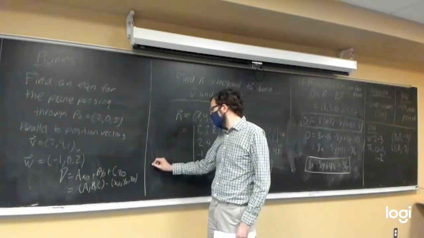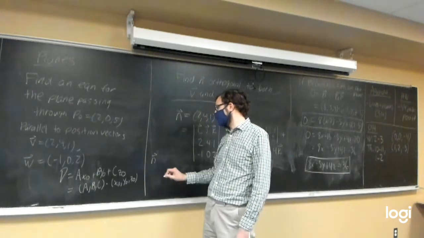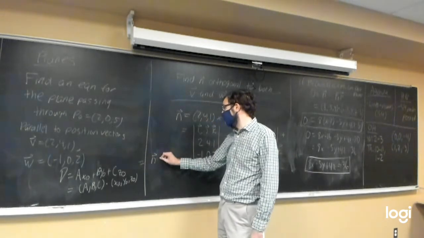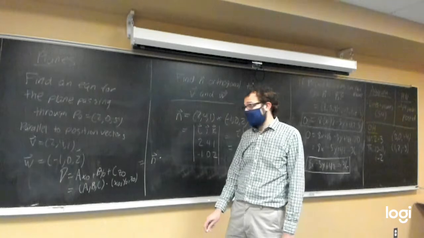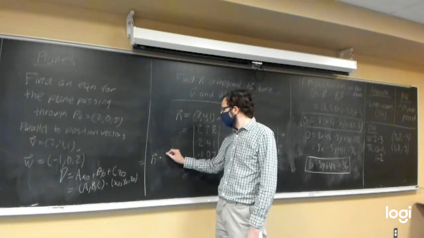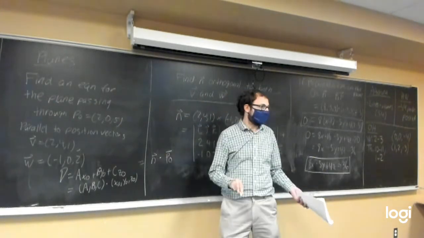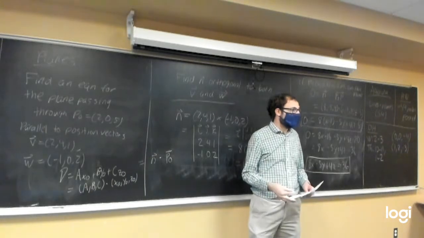So that constant is actually coming from taking the dot product of the normal vector n with your P naught point, if you were to treat that as a vector instead.